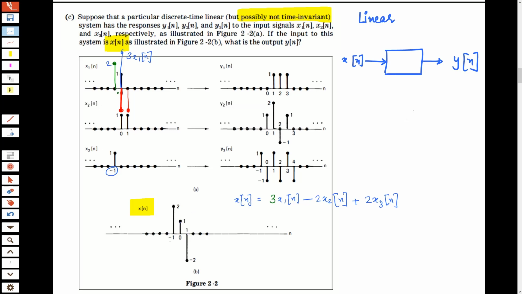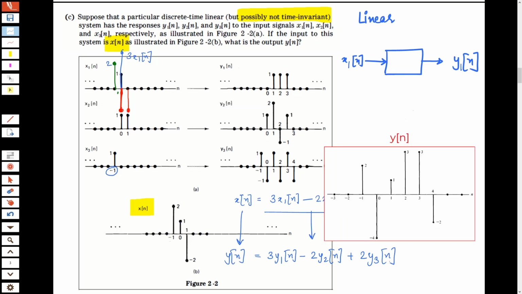And at n equal to 1, I get a -2. This is how I can write x[n], and because this is a linear system where x1[n] results in y1[n], this combination should result in an output y[n] equal to 3y1[n] minus 2y2[n] plus 2y3[n]. So this is the output.